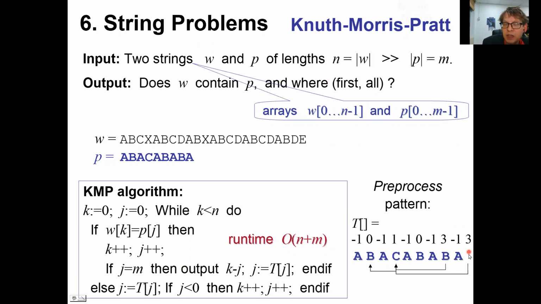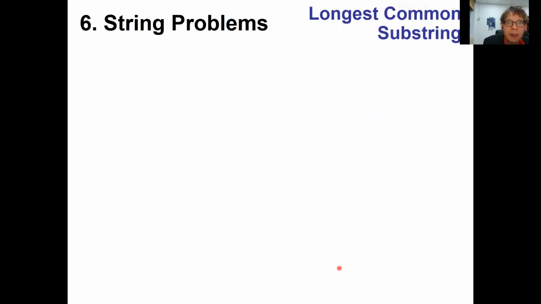Maybe in this case, when it reaches the end of the pattern corresponding to this line in the pseudocode, then it will just continue searching for the next occurrence. And regarding the preprocessing, this is easily done in time O of m. So asymptotically, we can kind of ignore and drop that part.